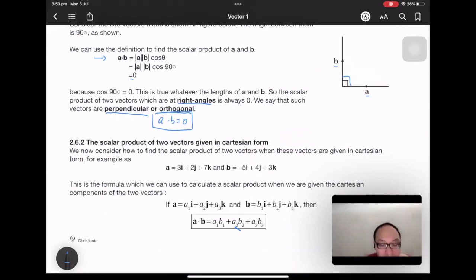Yeah. Now, for example, I have these vectors A and B. This is vector A, this is vector B. And then we can find A dot B as A1 B1 plus A2 B2 plus A3 B3.